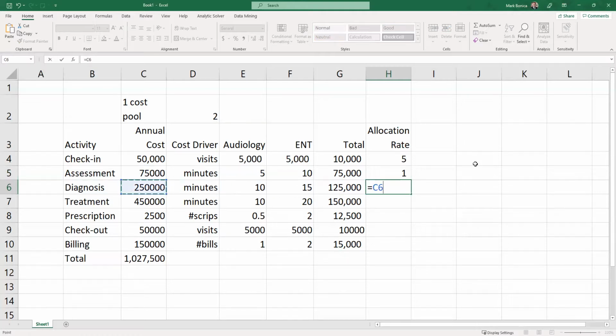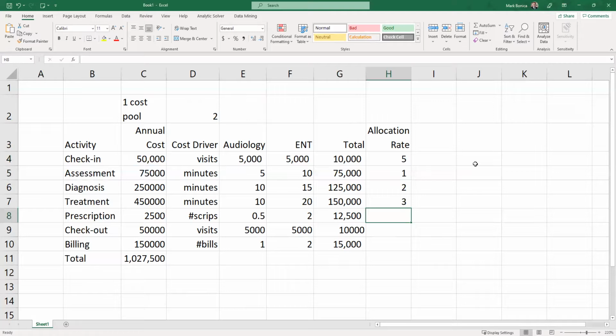$250,000 in cost. We're doing cost pool divided by cost driver. So cost pool 250 divided by 125, that's going to be 2. 450,000 in cost pool for treatment divided by 150,000 cost driver. It's going to give us $3 per minute.